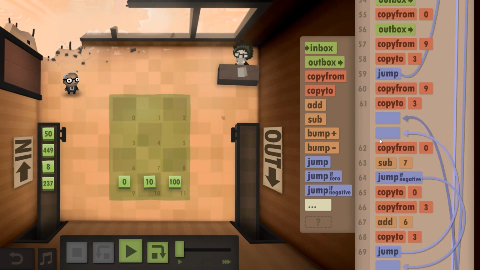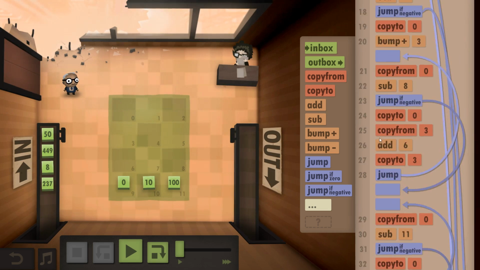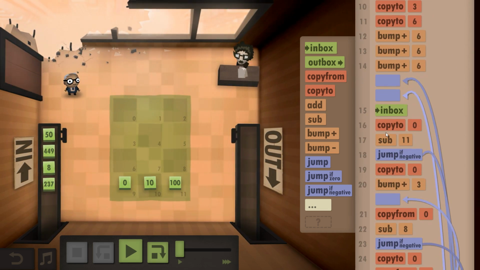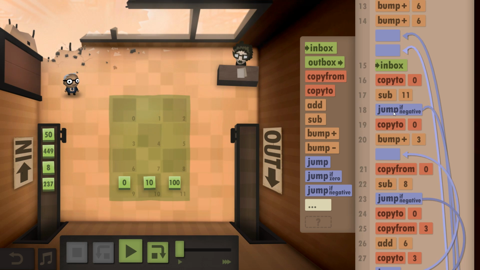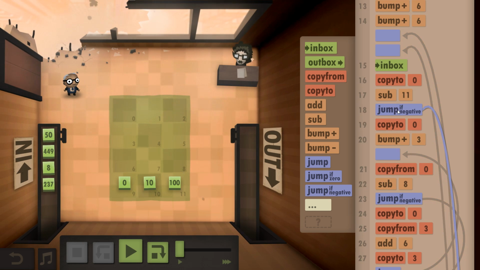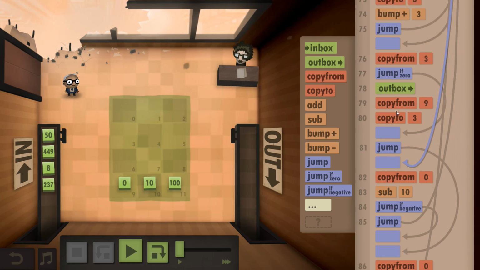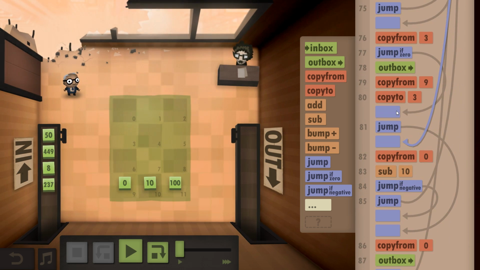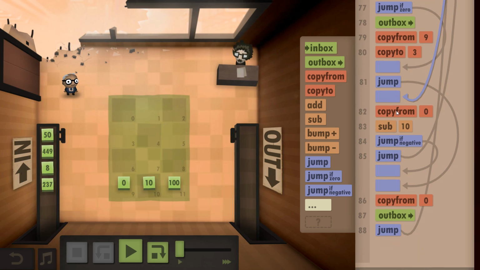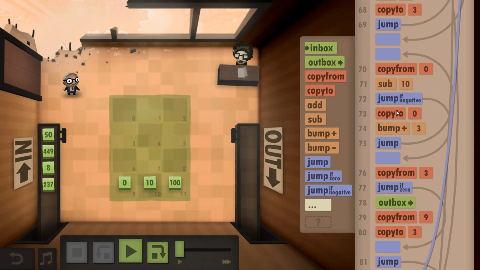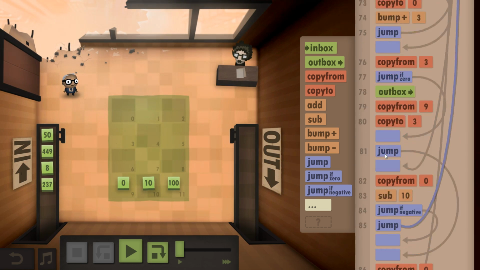How can I save some steps here? There might be some old stuff that I don't need anymore now, because I jump out here if it's less than 100. That means that all of that code up there I could put further down.